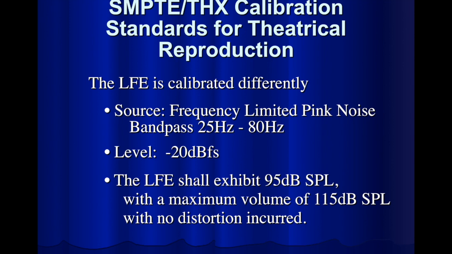The reason we elevate the LFE channel and elevate the output of the subwoofer is because of the nonlinear characteristics of the tympanic membrane on the side of your melon, on the side of the head over here. So we don't hear as well, obviously, in the low frequencies. So we increase the apparent volume to match up with our very sensitive mid-range.